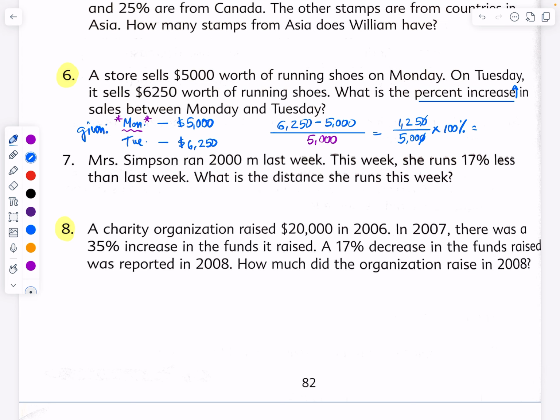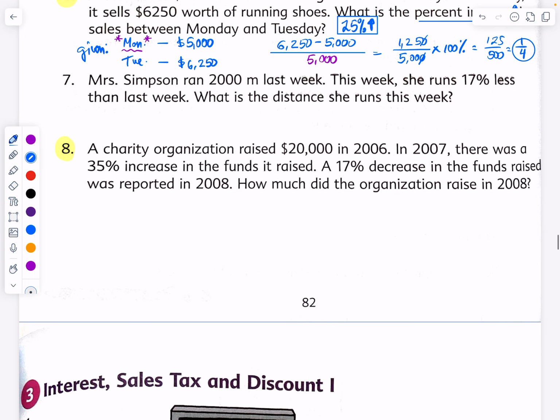Simplify before you multiply. 125 to 500 is the same as 1/4. 1/4 times 100%, we know it is a 25% increase. Let's put this into a box. 25% increase. Wow, fantastic increase in sales. Let's take a look at problem number 8.